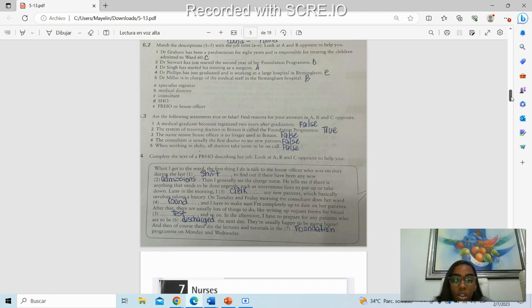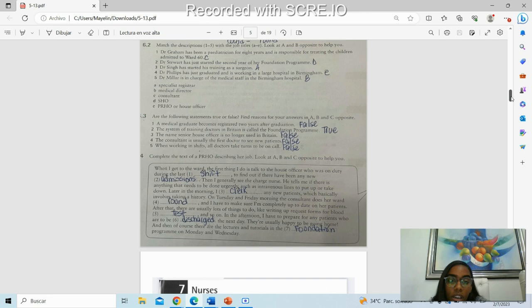Complete the text of a PRHO describing the job. Look at A, B, and C opposite to help you. When I get to work, the first thing I do is talk to the house officers who were on duty during the last shift to find out how the patients are and if there have been any new admissions. Then I see the charge nurse.